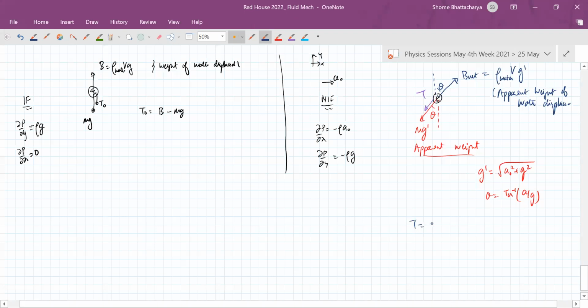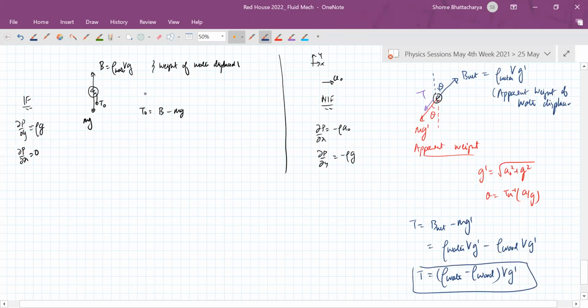So the tension will be equal to, so if you compare this with this, you can see the difference. Okay.